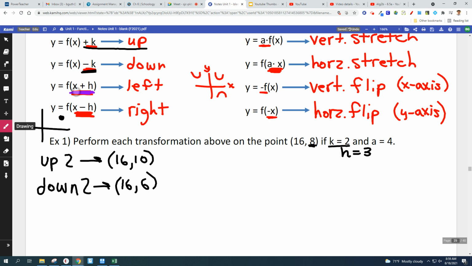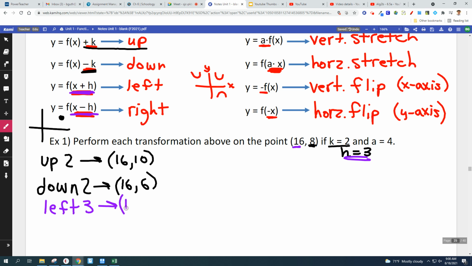Now I want to go left and right. So notice that's the letter h, and so I'm going left and right by 3. If I go left 3, now we're talking about the x number. Think about 16 on a number line. If I go left 3, what number am I at now?